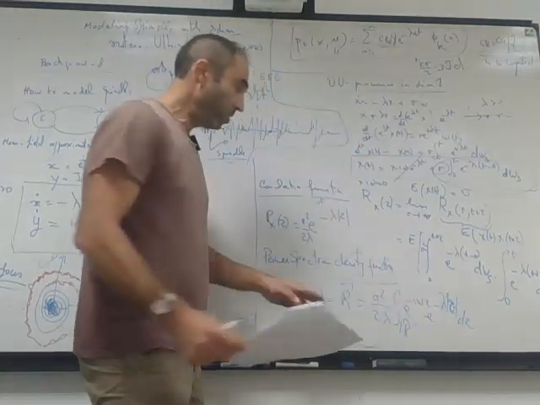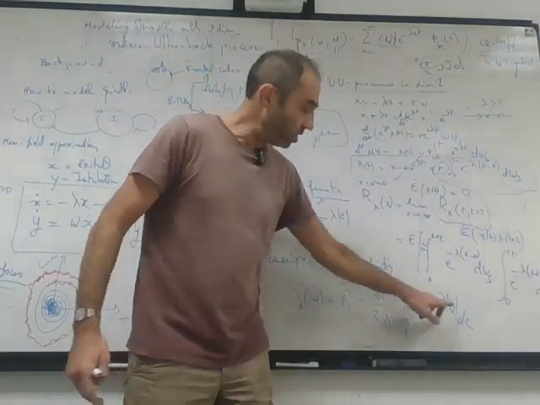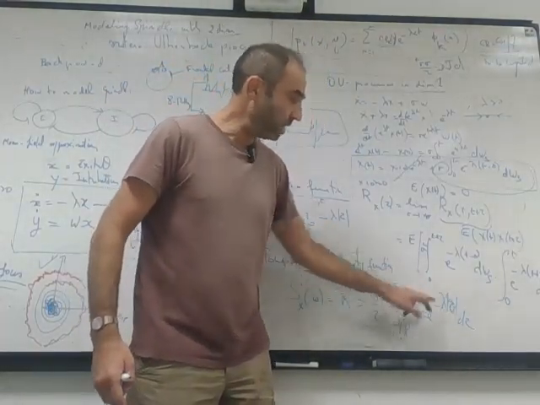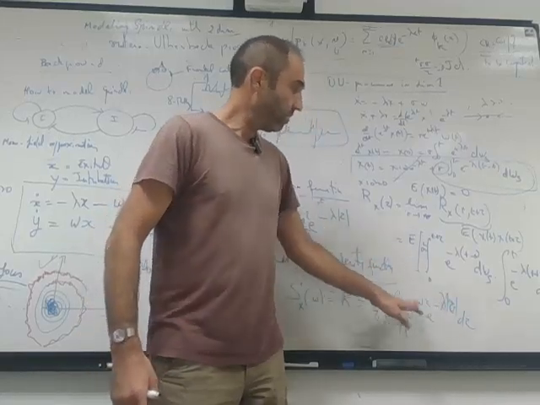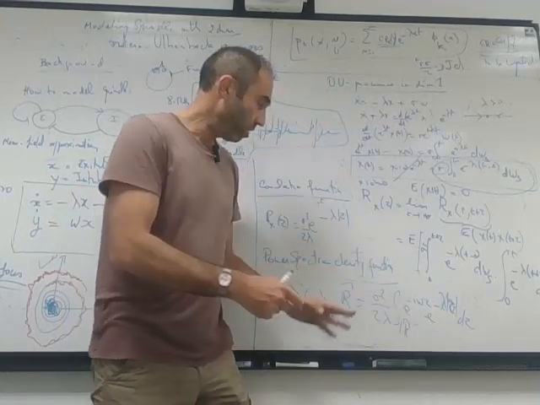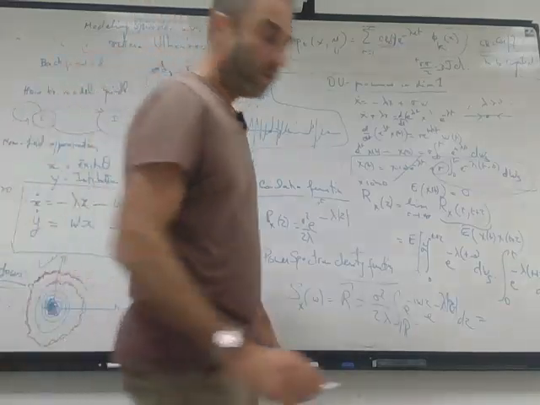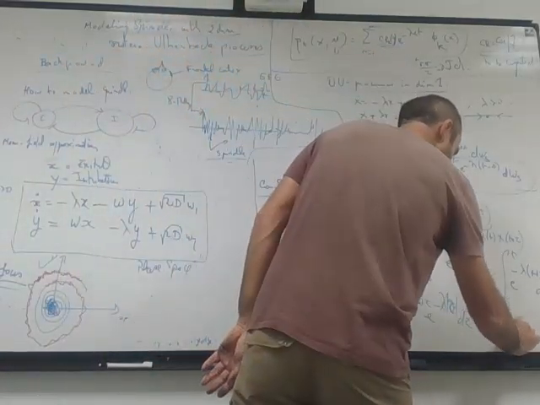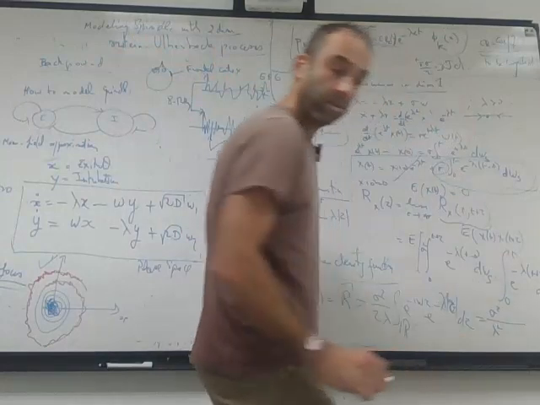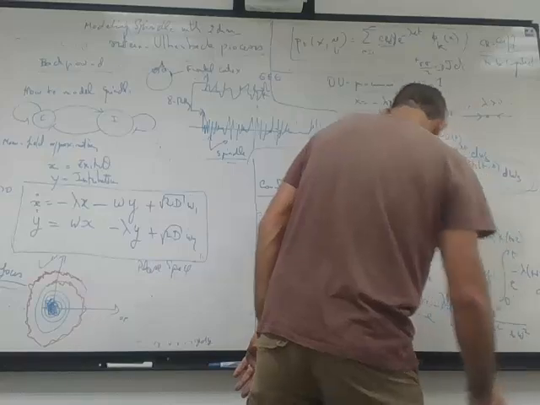And this you'll do at home. This is easy. You split into two. For tau positive, the absolute value is plus. For tau negative, it's minus. You integrate, so it will cancel out the imaginary term. And what you get from this is sigma squared divided by lambda squared plus omega squared.